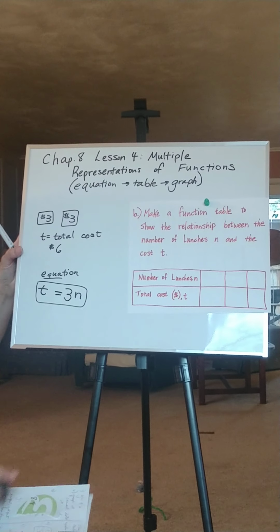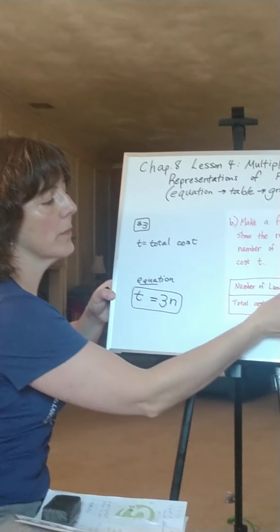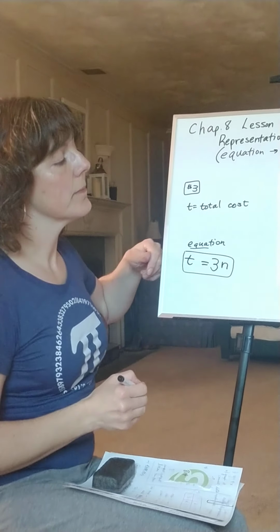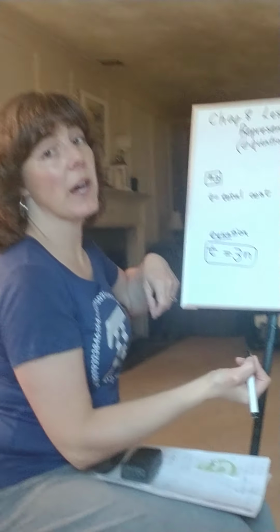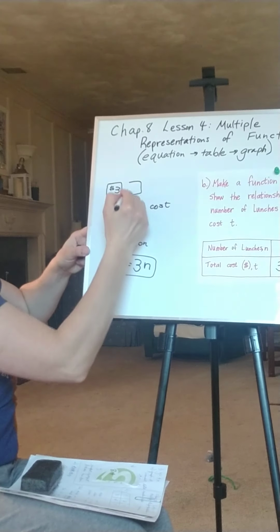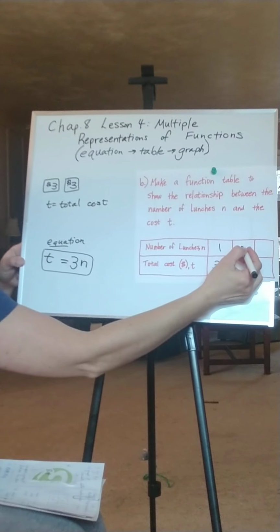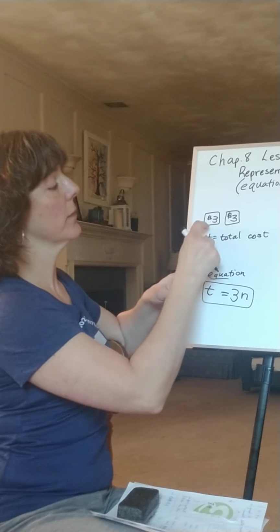So if we just had one lunch, what do you think would be our total cost? $3. What if we had 2 lunches? So that would be N equals 2. What would that total cost be? $6.